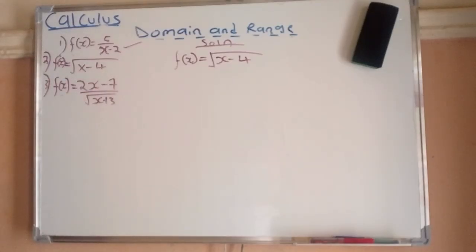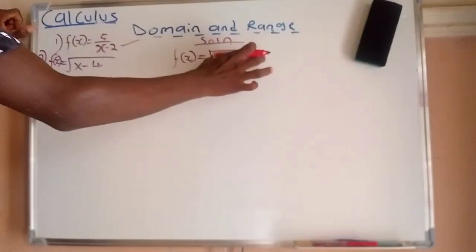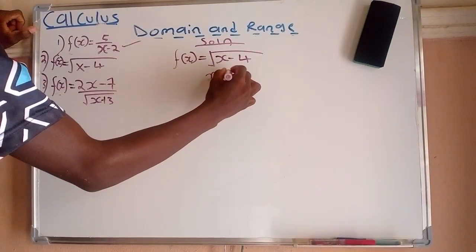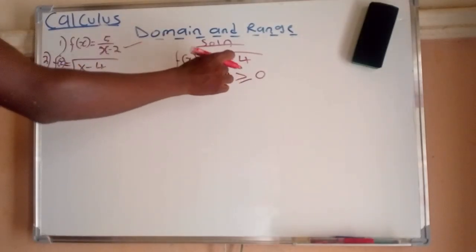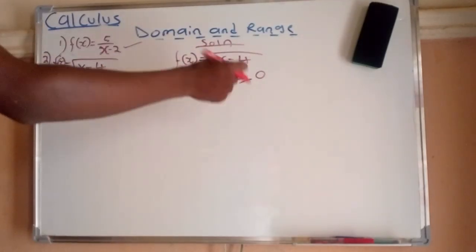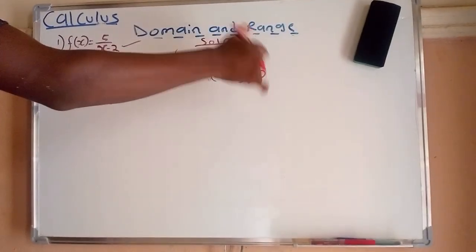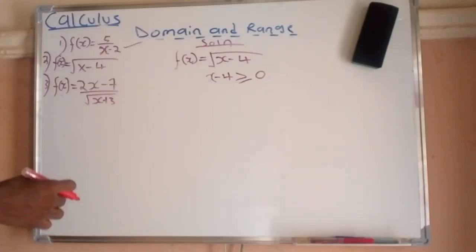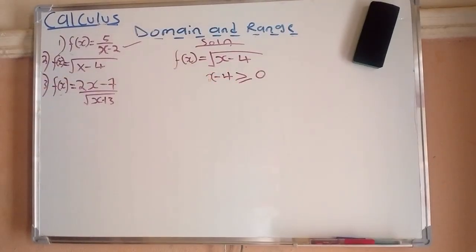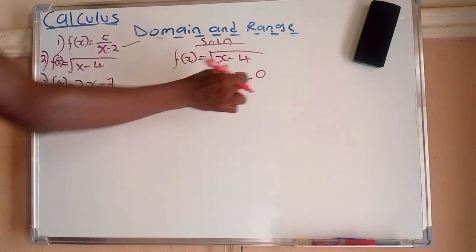So we take x minus 4 and set it as greater than or equal to 0. Whenever we see a radical form like the square root of x minus 4 or x minus 1, we set the expression greater than or equal to 0.